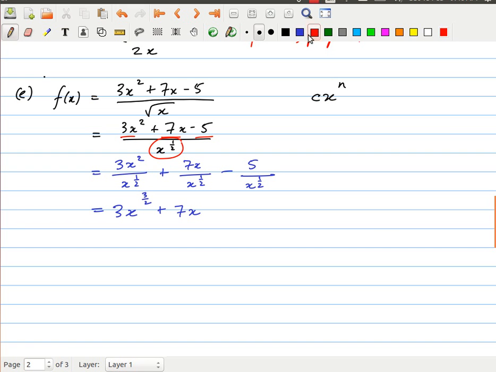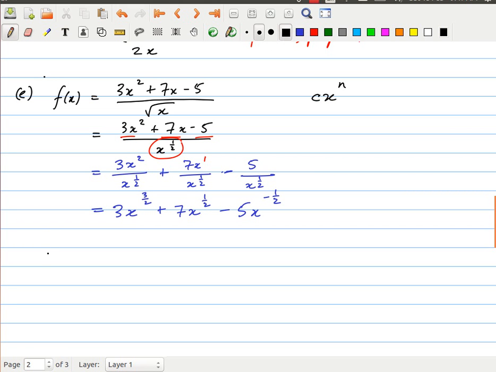That gives me x to the power, sorry, no, that's to the positive 1/2 this time. And then on this one, minus 5, well, x to the 1/2 in the denominator becomes x to the negative 1/2 in the numerator. Now I actually have something where I can take the derivative.